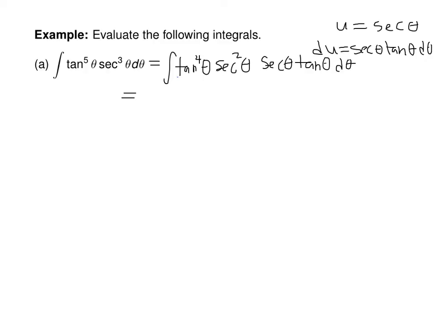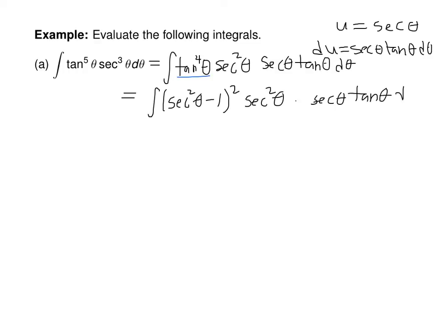And then tangent to the 4th theta is tangent squared, squared, and tangent squared is secant squared theta minus 1. And now we can make our u substitution, and we have the integral of u squared minus 1, the quantity squared, times u squared du.